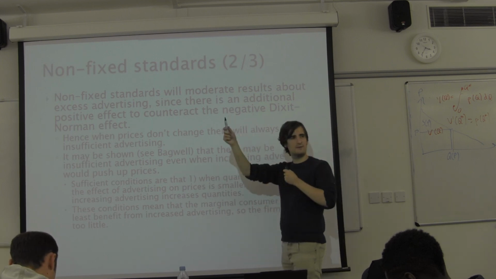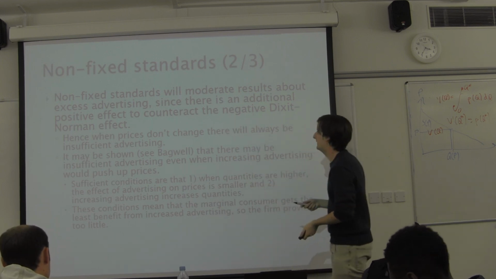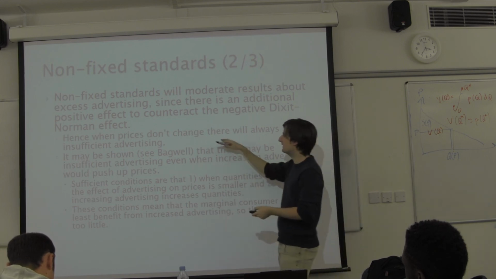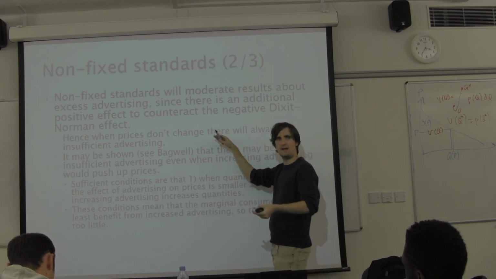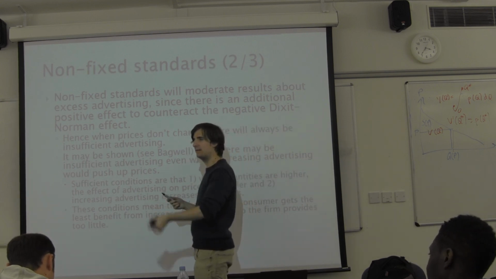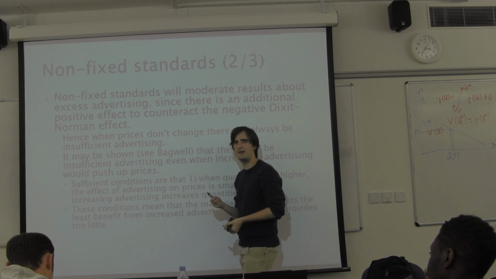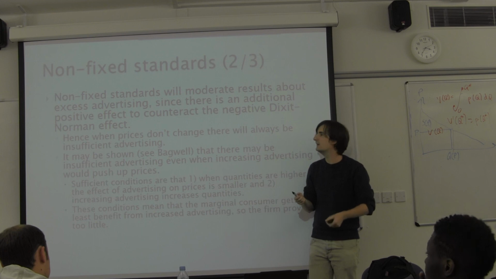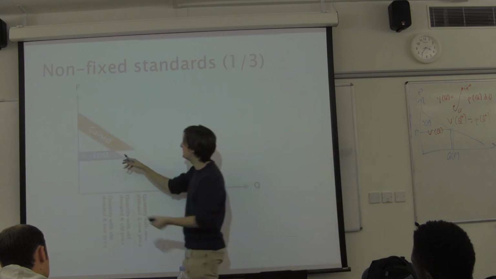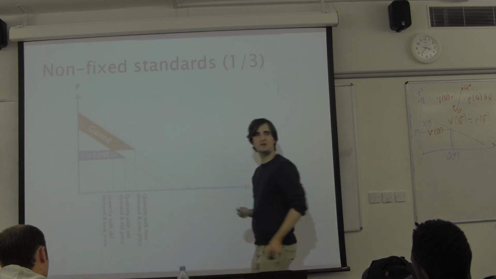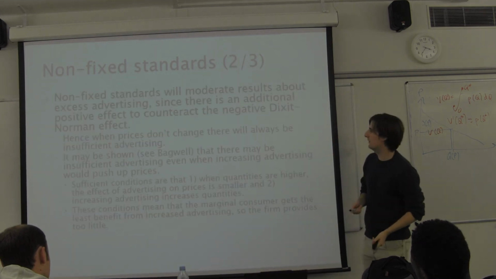Because there's this positive effect that's counteracting the negative effect. So if the prices don't change following an advert, then you can probably safely conclude that there's insufficient advertising. Okay? In the Dixit-Norman world, if the prices don't change, welfare just stays the same. Now, if prices don't change, we don't have this effect, but we do have this effect. Okay, so if prices don't change, advertising is probably a good thing.